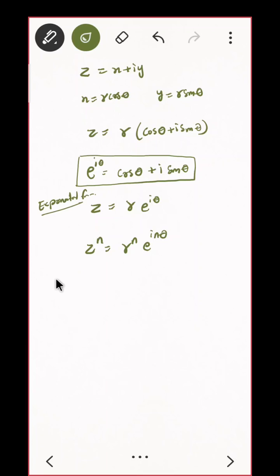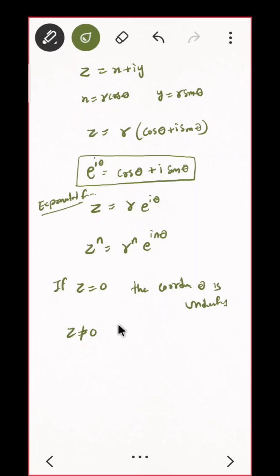One more thing. If z is 0, then the coordinate theta is undefined. Do you agree? Undefined. So in our cases, we are taking this z as non-zero, and one more thing, that theta is in radians.